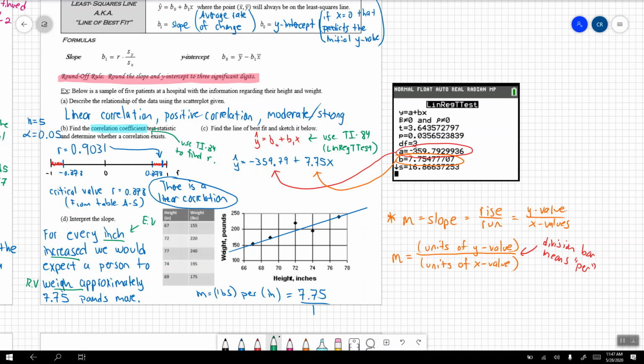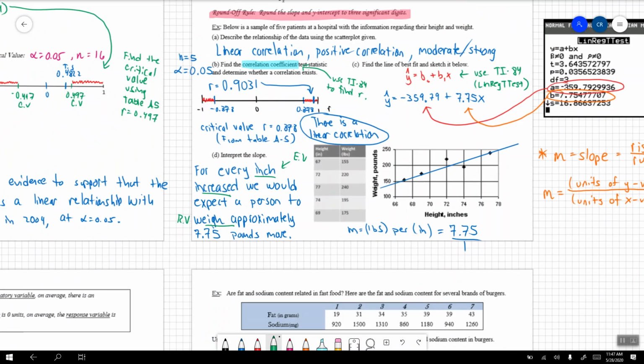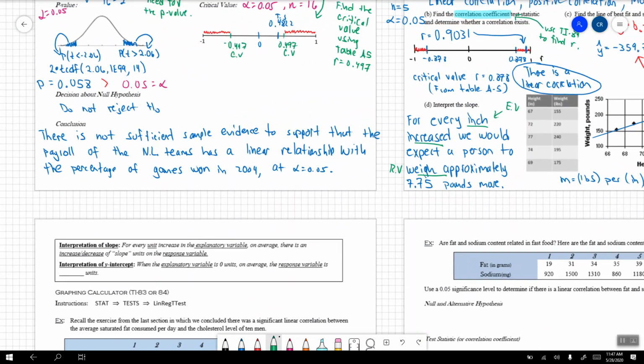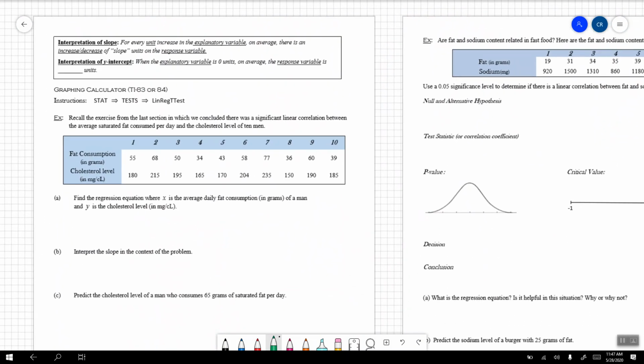So now that we have this, check out what the next part says. This is the next page on the left, and it says the interpretation of the slope, what we just talked about. For every unit increase in the explanatory variable, on average, there is an increase or decrease of slope amount units in the response variable.